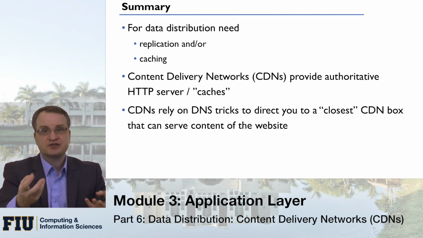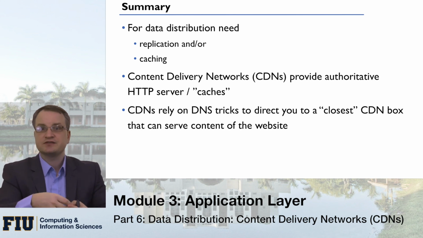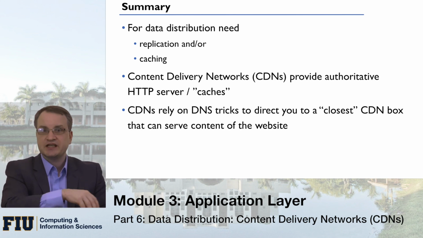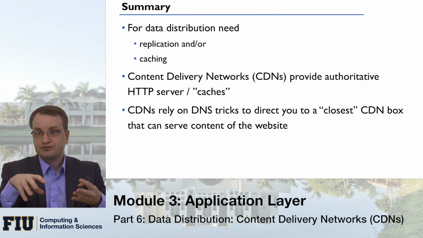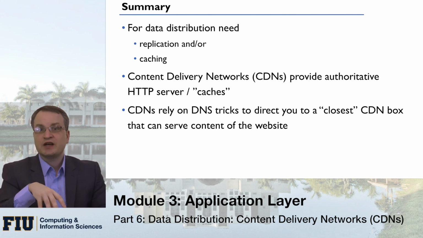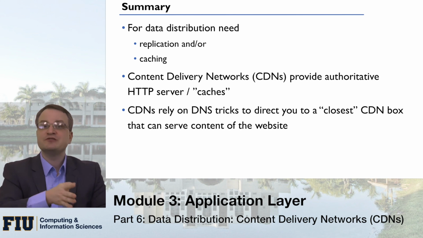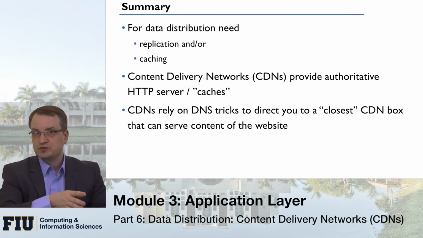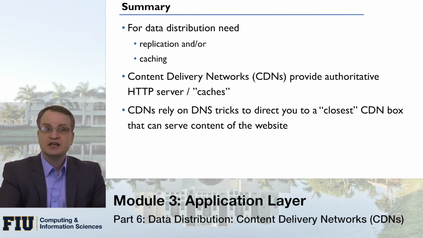They try to introduce their services, their data centers, in basically every ISP, so they are relatively close to everybody. And instead of you going to the actual server, using these DNS tricks you are redirected to one of those boxes that is close by. This optimizes your RTT for the communication.